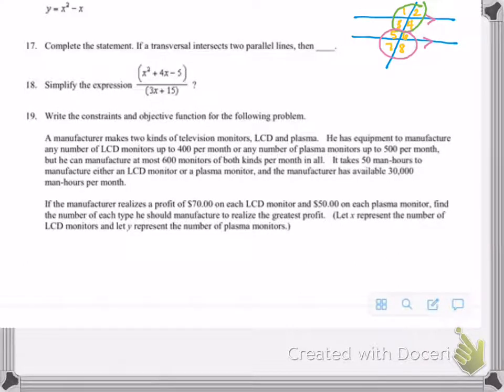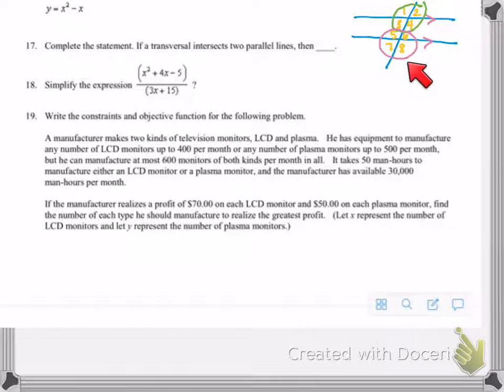The final relationships that you see are between angles 1 and 7, which are not congruent. You can see 1 is obtuse, 7 is acute. 1 and 7 are same side exterior angles because they're on the same side of the transversal and they're outside of the two parallel lines. 2 and 8 are also same side exterior angles.